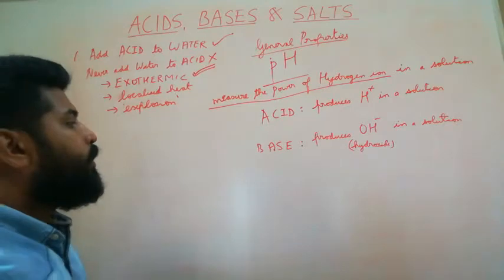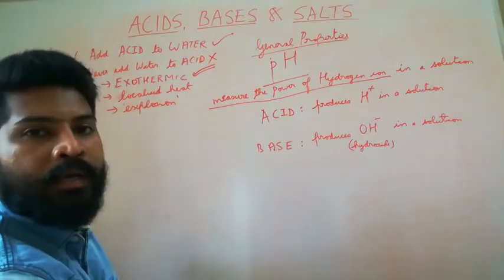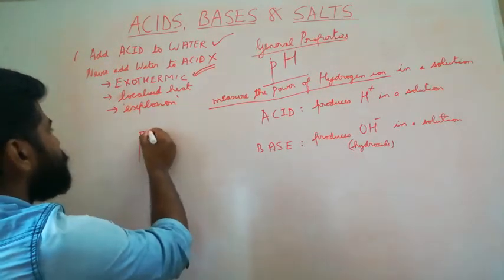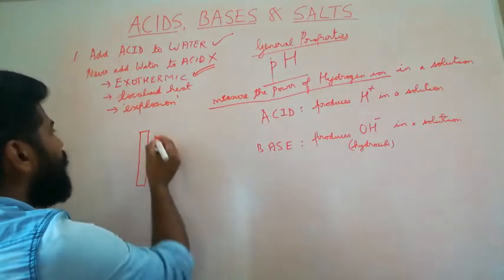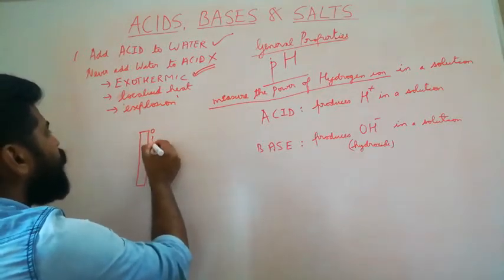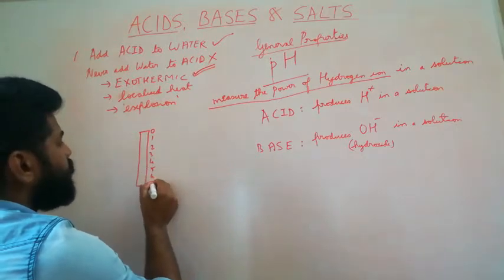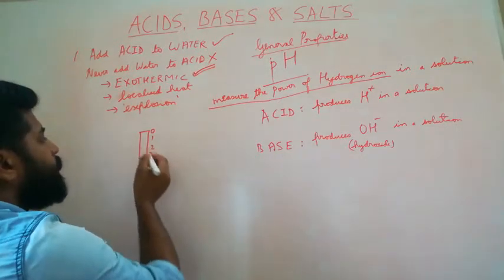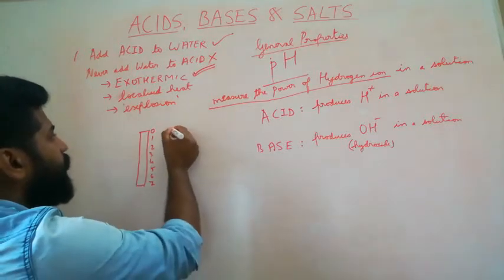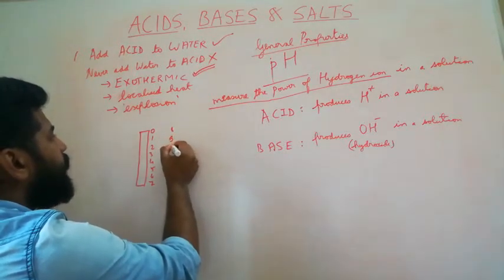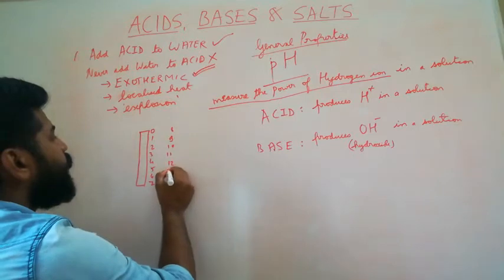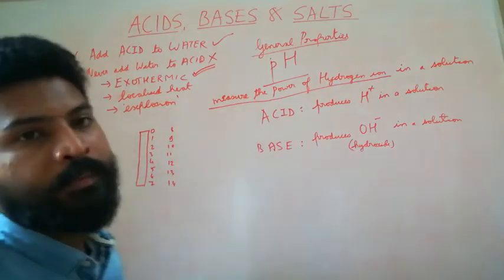We have pH paper, we get strips, pH strips, and they have numbers written on them. 1, 2, 3, 4, 5, 6, 7, and on the opposite side of the paper we have numbers 8, 9, 10, 11, 12, 13, 14.